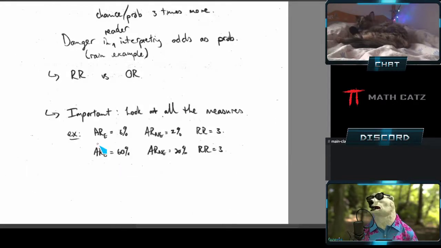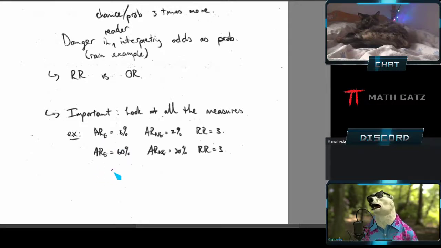If it comes from an absolute risk in the exposed group, let's say has a 6% chance of having the outcome versus the not exposed group, 2% chance, my relative risk is 3. So I'm 3 times, we casually say 3 times as likely. Well, actually, that's true. I'm 3 times as likely to have the outcome if I'm in the exposed group.